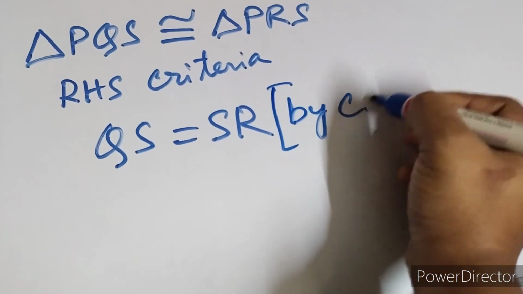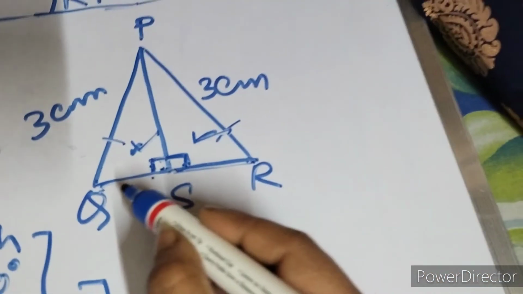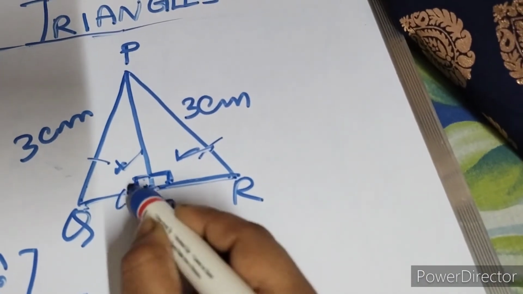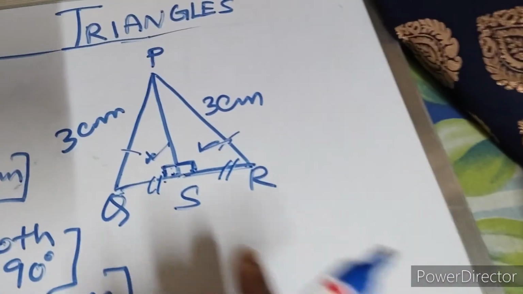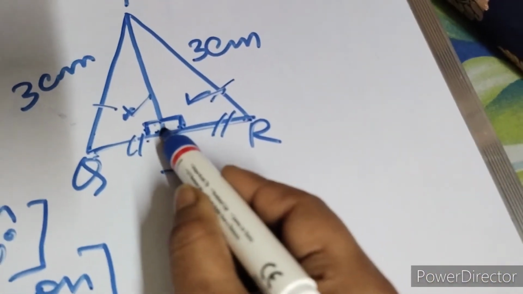These two sides will be equal. So when these two sides are equal, S is the midpoint of QR.